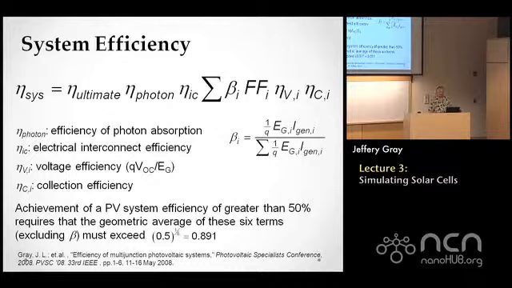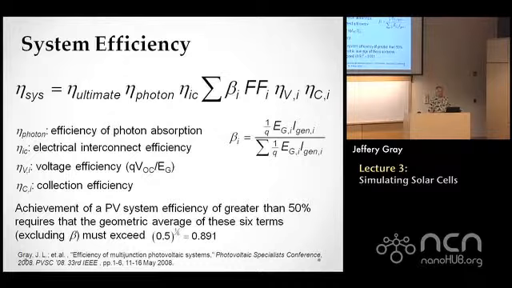But if you take a look, this is really the product, in some sense, of 6 terms: the ultimate efficiency, photon efficiency, interconnect efficiency, fill factor, voltage efficiency, and collection efficiency. If we had just one junction, it would just be those 6 terms. And now you've got 6 numbers multiplied together. In order to get 50%, you have to have about 90% efficiency in each of those steps.